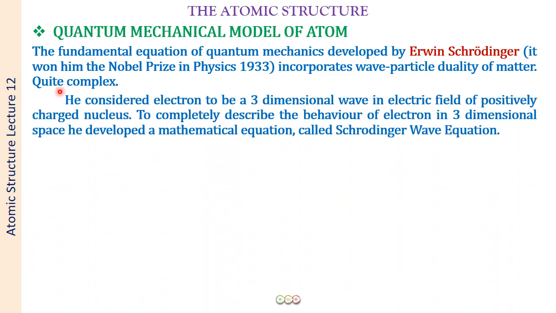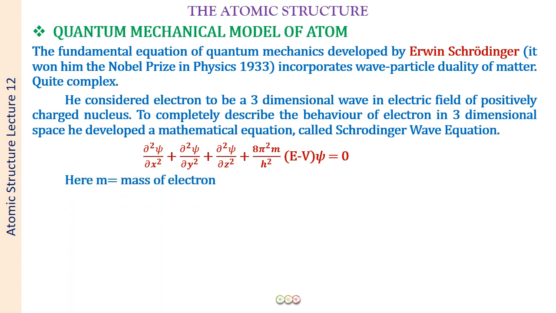Well, Schrodinger considered the electron to be a three-dimensional wave in the electric field of the positively charged nucleus. And to completely describe the behavior of the electron in this three-dimensional space, he developed a mathematical equation which we know as the Schrodinger wave equation. And this is the equation, quite a complex one. So let us understand what all this means.